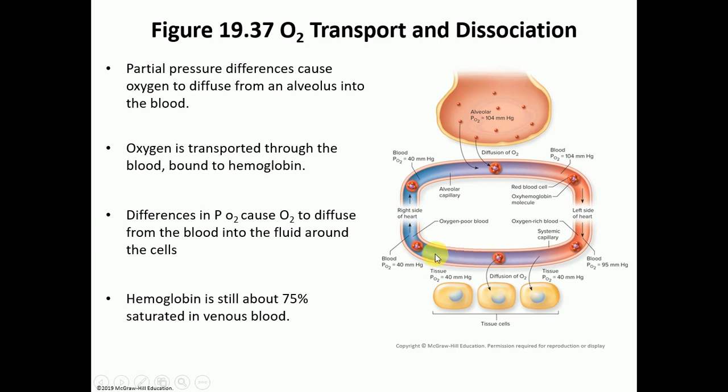Then all of that deoxygenated blood is going to be carried over to the lungs, where exchange of gas happens in the opposite direction. The exchange of gas that happens in the lungs is known as external respiration, while the exchange of gas that happens in the tissue is known as internal respiration.